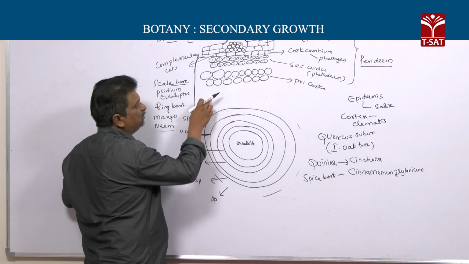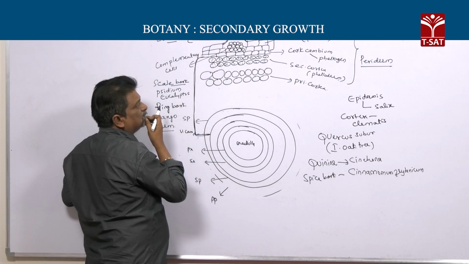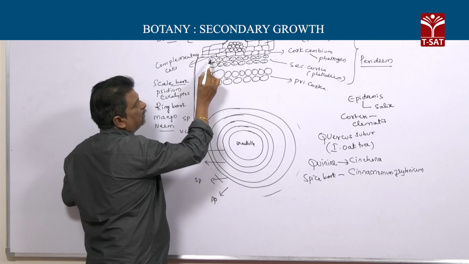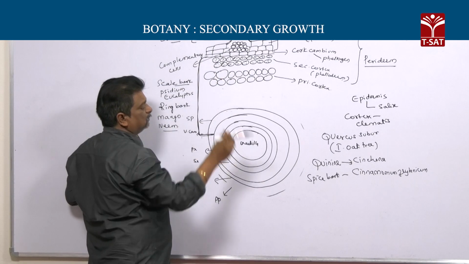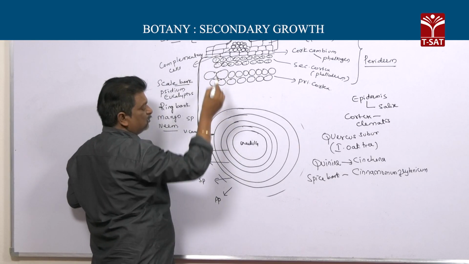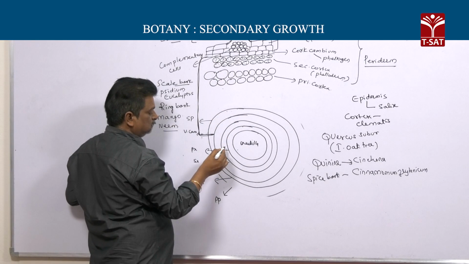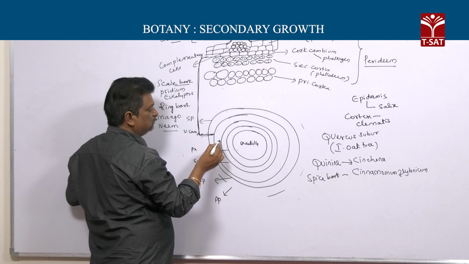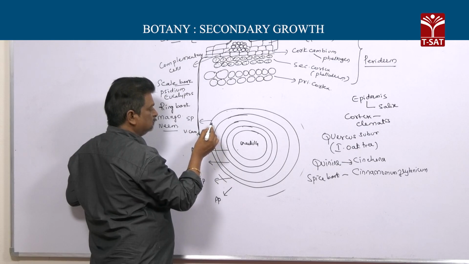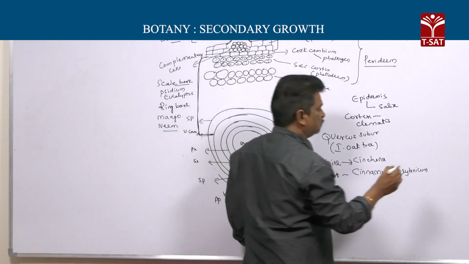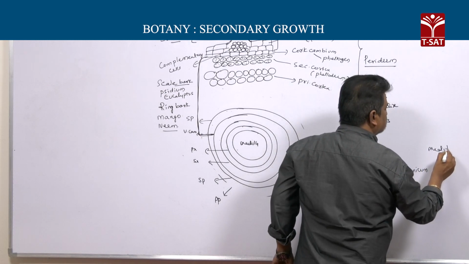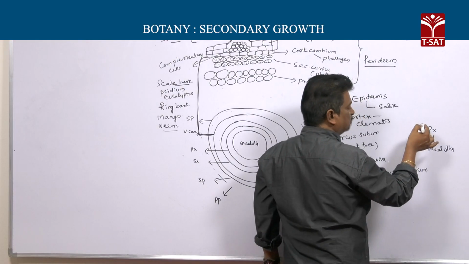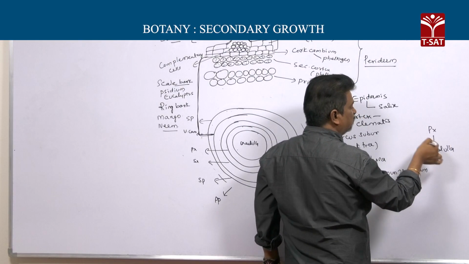Then the tissues from inside to outside. In extrastellar region: primary cortex, secondary cortex, cambium, cork. Total from inside to outside: first medulla, then primary xylem, secondary xylem, then vascular cambium, then secondary phloem. Generally medulla and primary xylem are crushed, but they are present as thin layers.